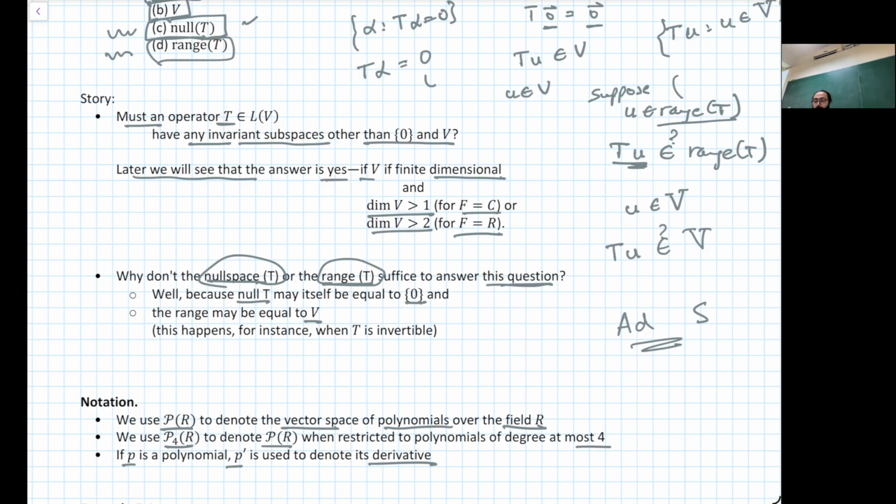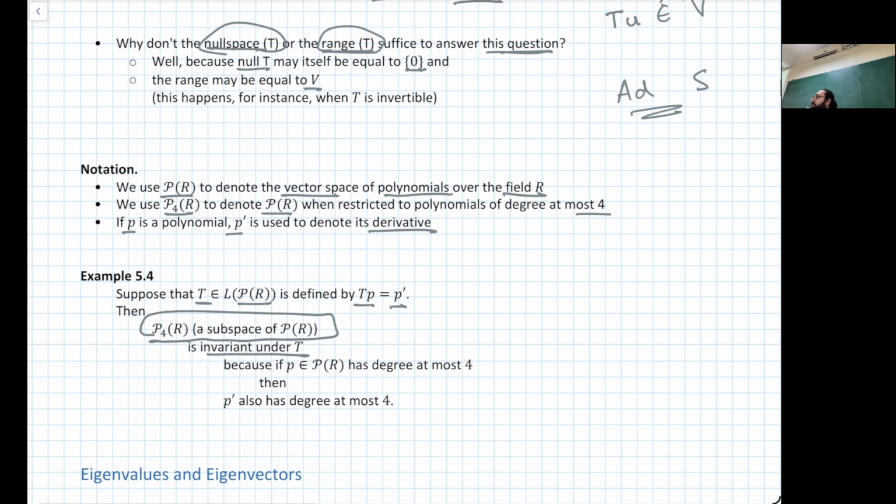Is the example clear? Who wants to answer why P4 is invariant under T? Anyone else? Is it not clear? You have to ask me if it's not clear. It's very important.